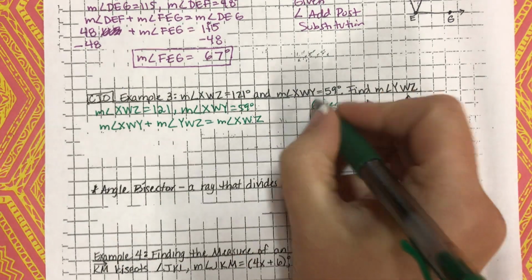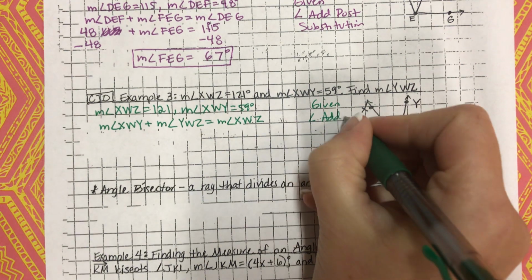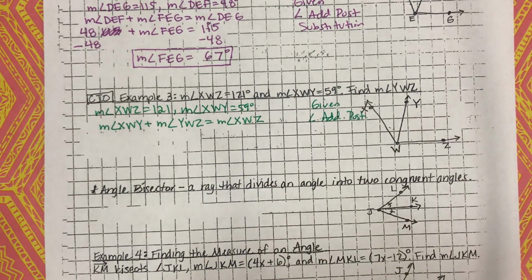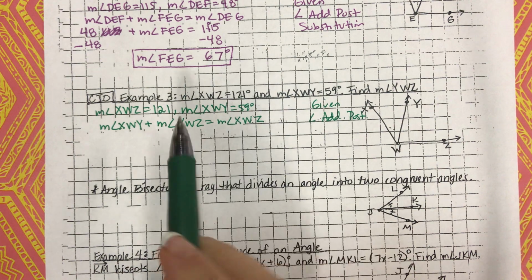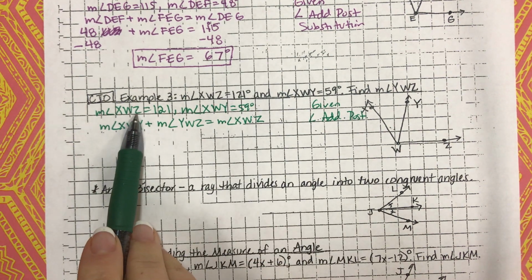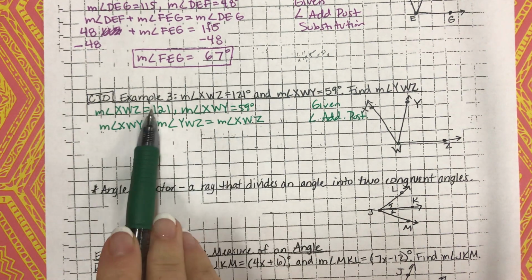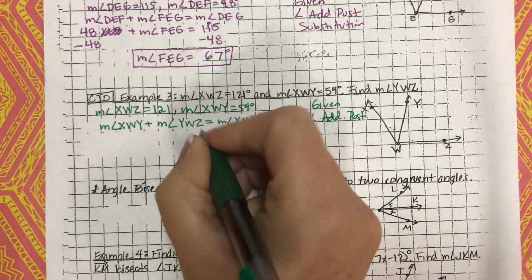All right, perfect. And that is the angle addition postulate. From here we're going to substitute the values in. So XWZ goes right here. 121 is going to go here.